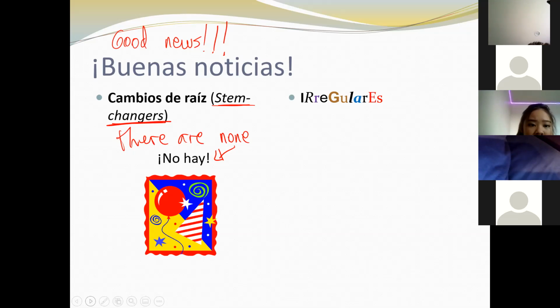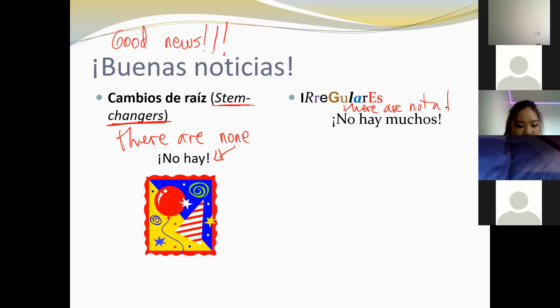We have the cucaracha irregulars, we have the car-gar-zar irregulars, we have the stem changing irregulars. In the imperfect, we only have 3. That means that there's not a lot. No hay muchos means there are not a lot of them. So let's see what they are.